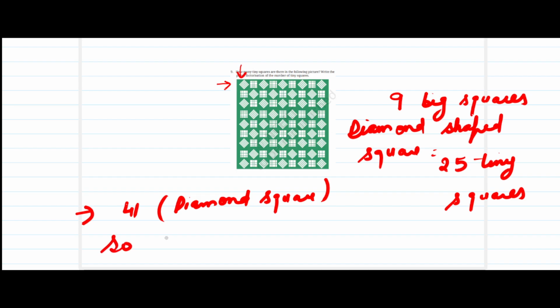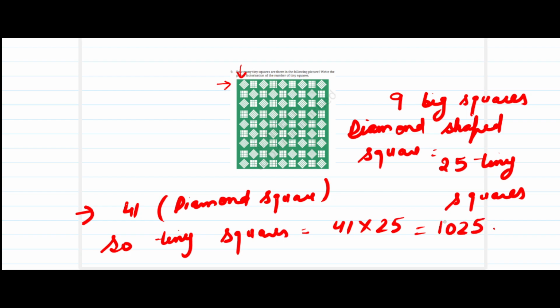So tiny squares are 41 into 25, which is 1025, right?